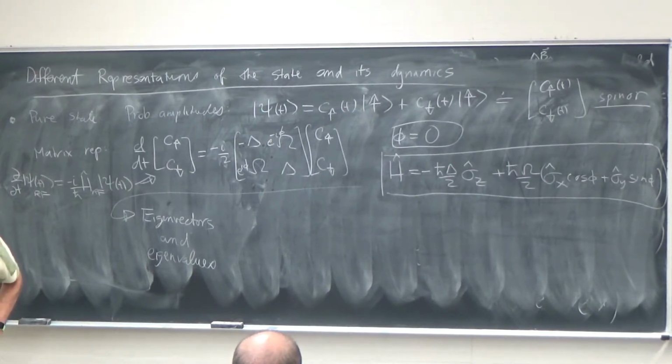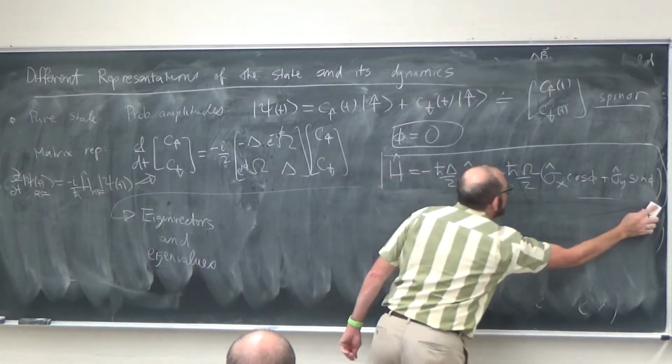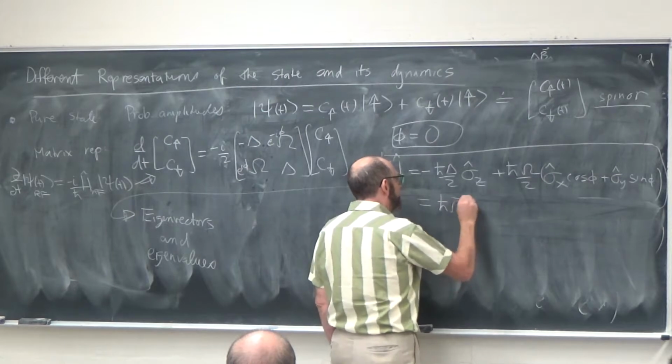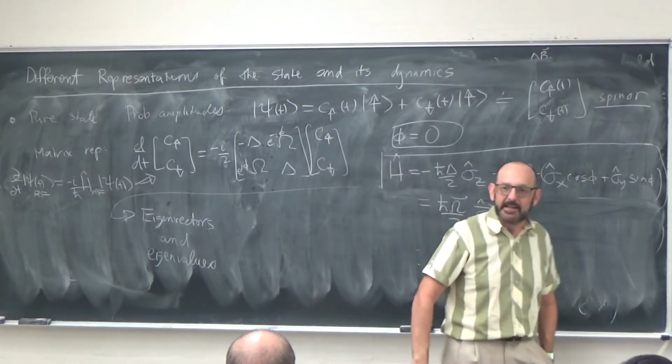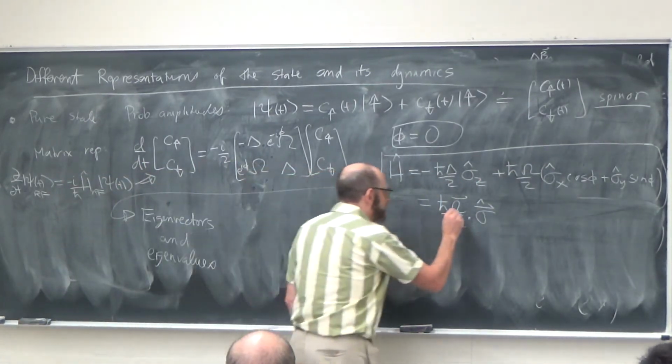When you see a 2x2 Hamiltonian, how do you diagonalize it? You look at it always as some effective vector dotted into the Paulis plus the identity. In this case, there is no identity component, right? This is omega total.